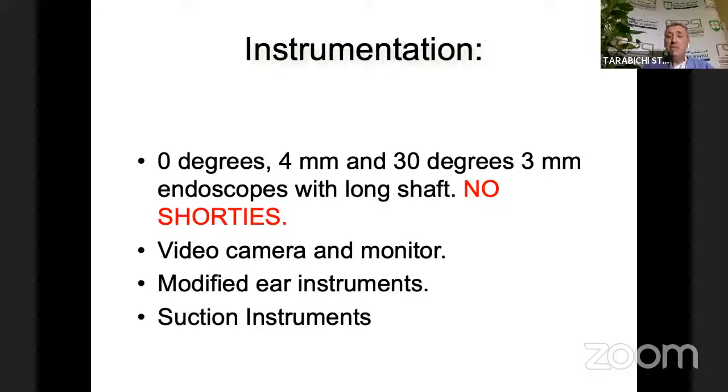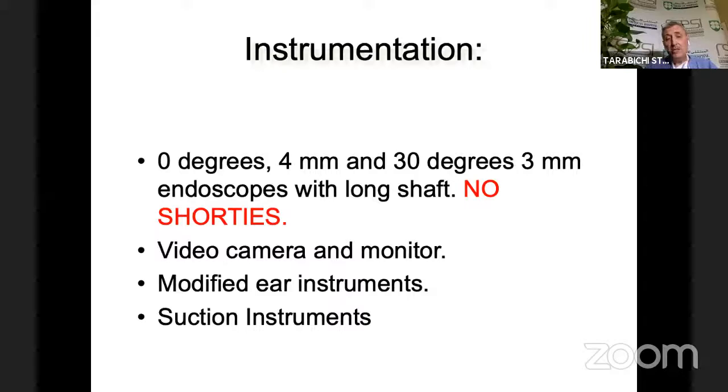If you're using a 4mm 30-degree endoscope and you put it inside the ear, you won't be able to advance it enough to look sideways at the different middle ear spaces. You'll be looking sideways at the ear canal. So if you want to use a 30-degree endoscope, you need to have the 3mm one. Again, no shorties.